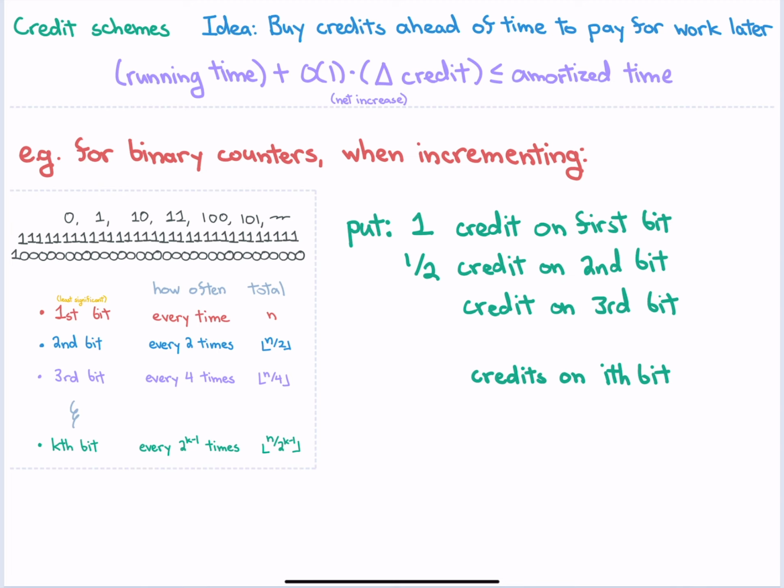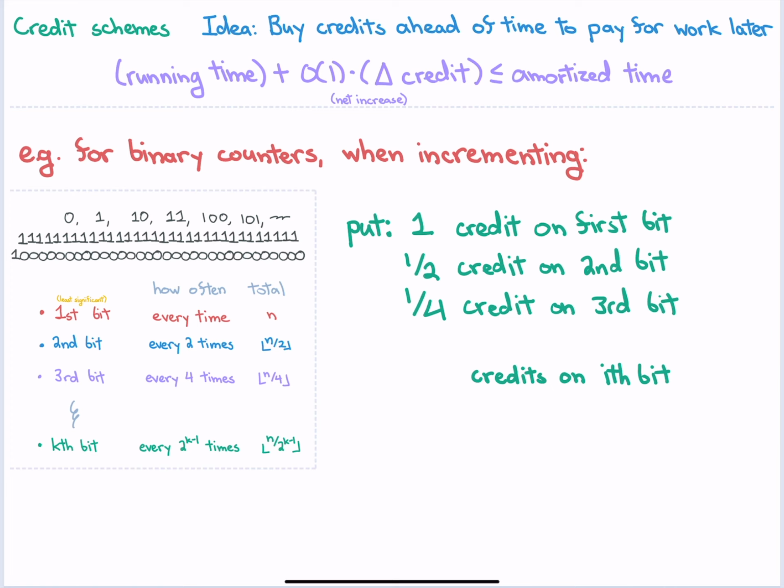Continuing on, how much credit should I put on the third bit? 1/4, 25 cents. Every four iterations, the third bit will have $1, and every four iterations, the third bit will flip. So every time I flip the bit, I have $1 there to spend.